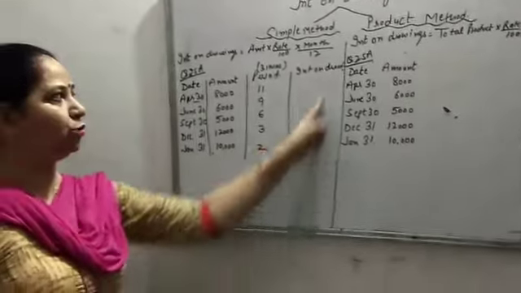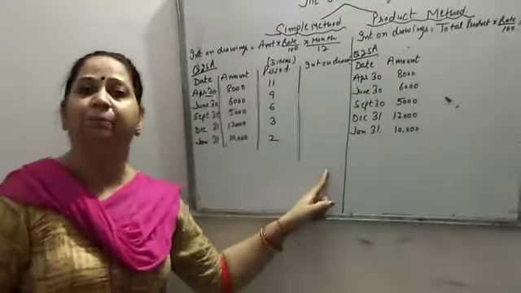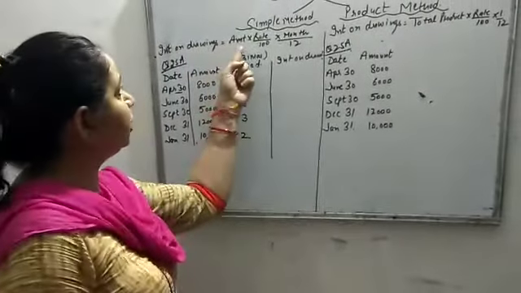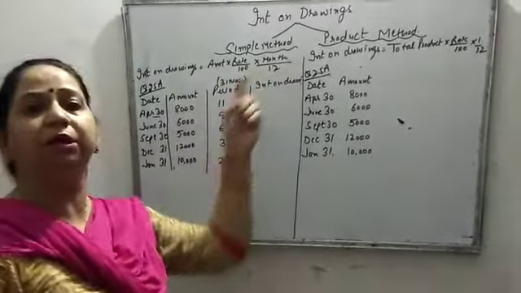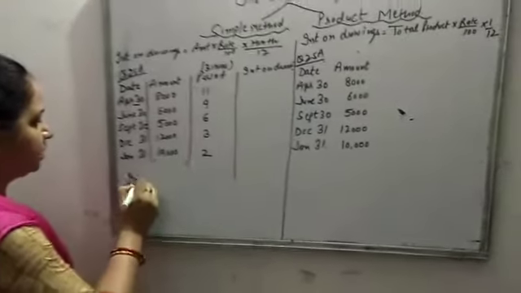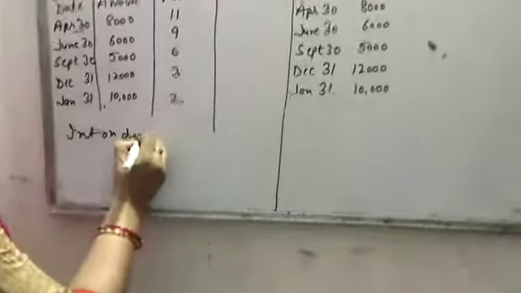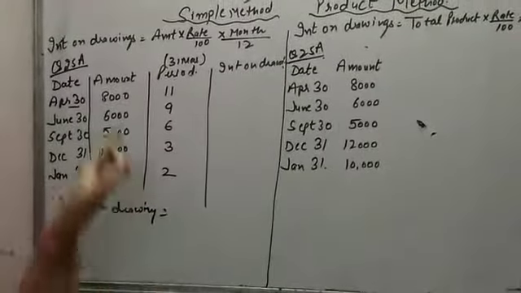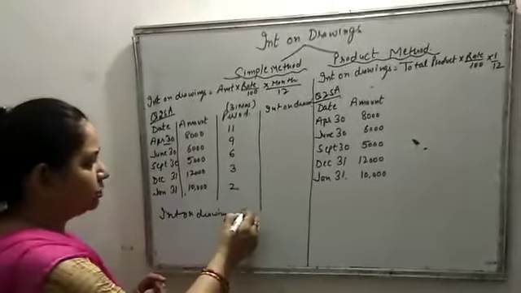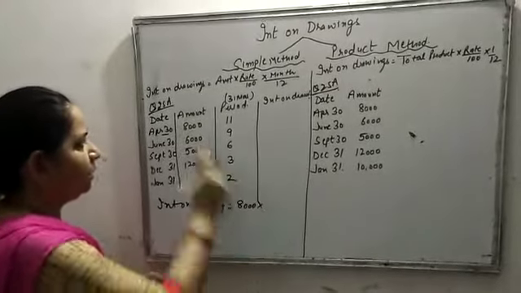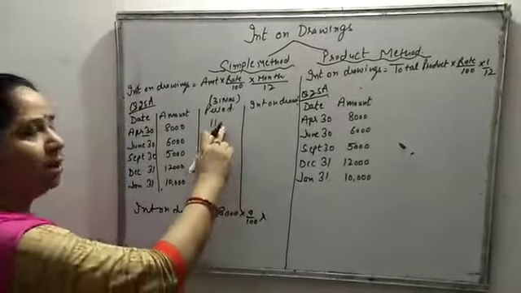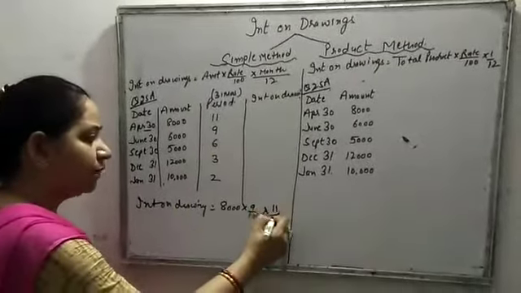Now here we are going to calculate the interest on drawing separately. Our formula is interest on drawing equals amount multiplied by rate multiplied by months upon 12. So I will apply the same formula: 8,000 is the amount, the rate given is 9%, and 11 months upon 12.